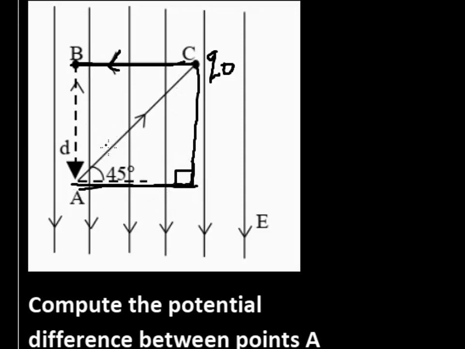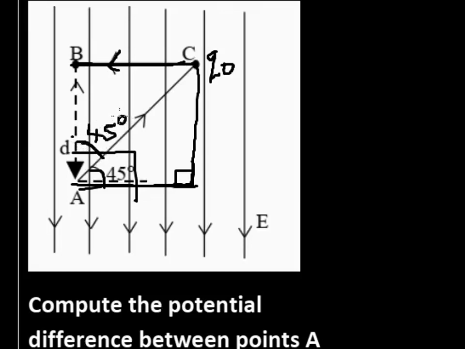Better still, for me not to get you confused, let me use the triangle inside. If this is 45 degrees, remember the whole of this is 90 degrees, so the angle inside here is going to be 90 minus 45, which gives 45 degrees.